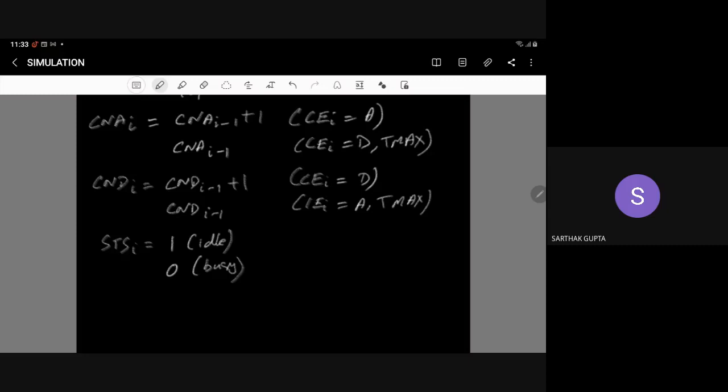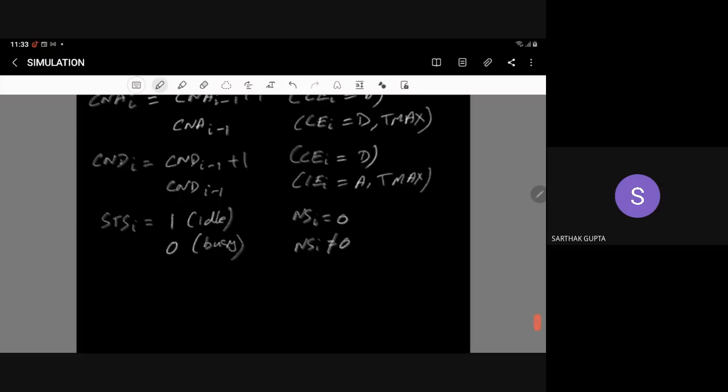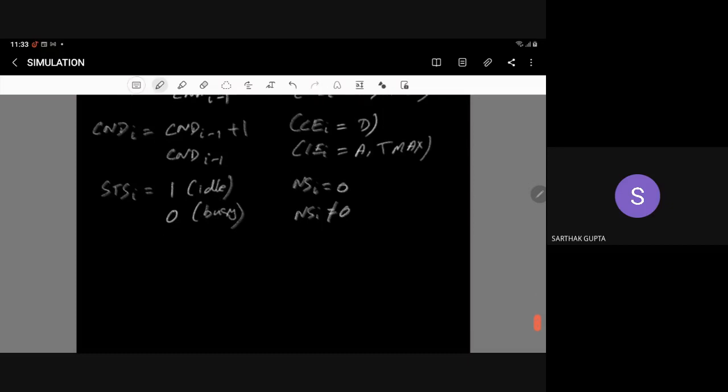STS is idle whenever NSi is equal to 0. Whenever there is no customer at that time, we can say the server is idle. When NSi is not equal to 0, then we say STSi is busy.